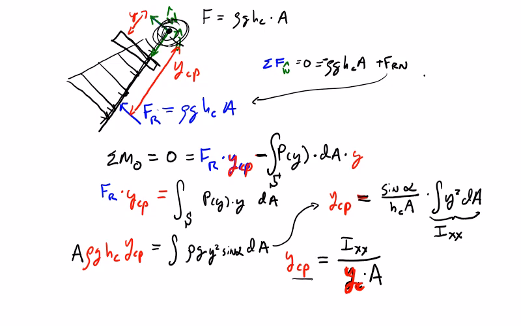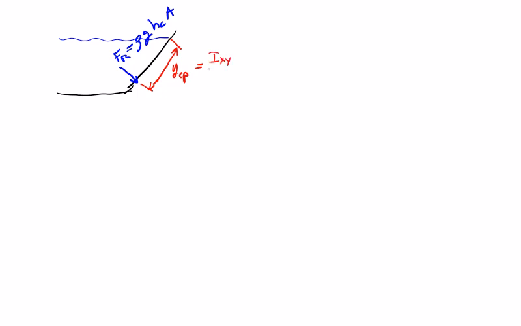All right, so if I wanted to simplify this, and I was going to say, okay, here's my solid surface, here's my flat thing, and I had this arbitrary shape, on it, I would say that there's a resultant force, Fr, which is equal to rho g hc times A. It acts at a position ycp, which is equal to Ixx over yc A, all right, where Ixx equals the integral y squared dA, okay?